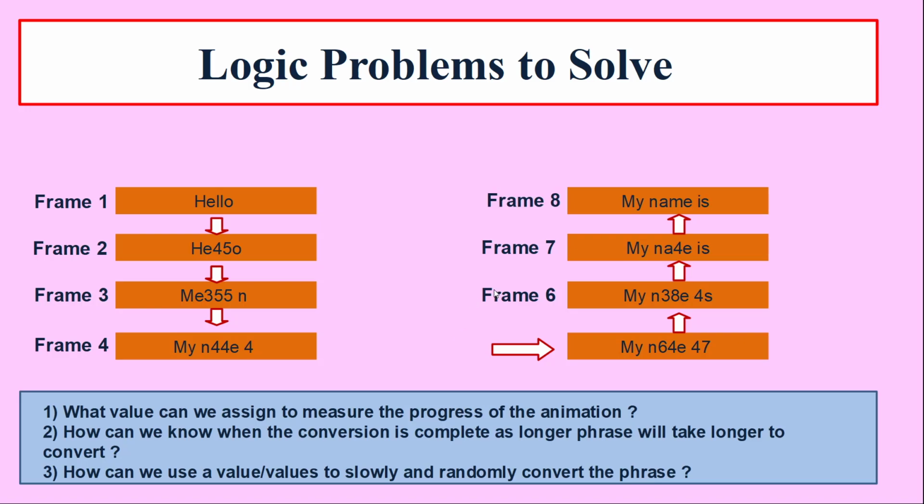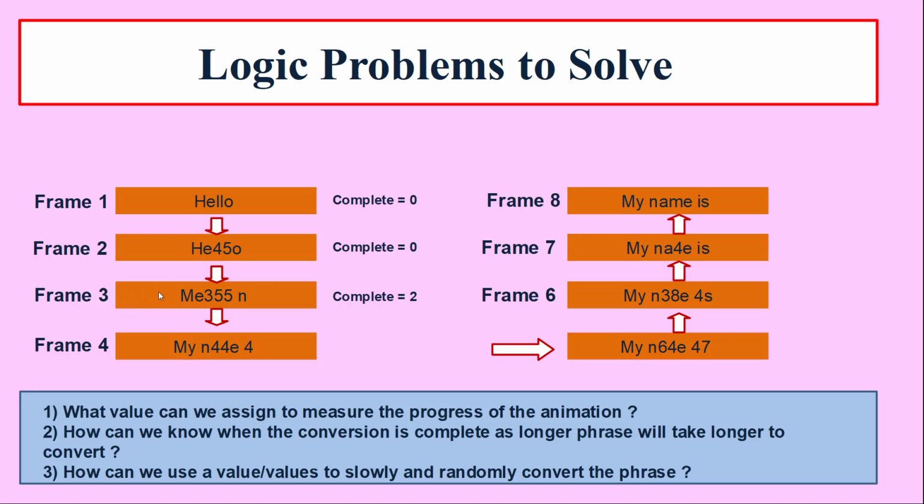Now that we have a frame variable, how do we know when the conversion is complete? Well, we can create another value called the complete flag. Every time one of the characters is changed to the second phrase, we can increase that flag. For example, in the second frame they're all the same, there's none of the new phrase's letters, so nothing is completed.